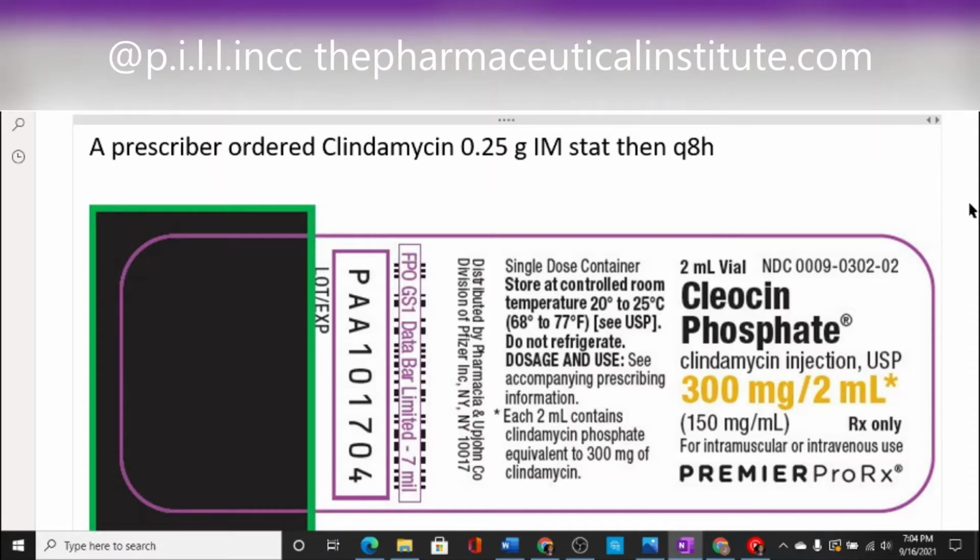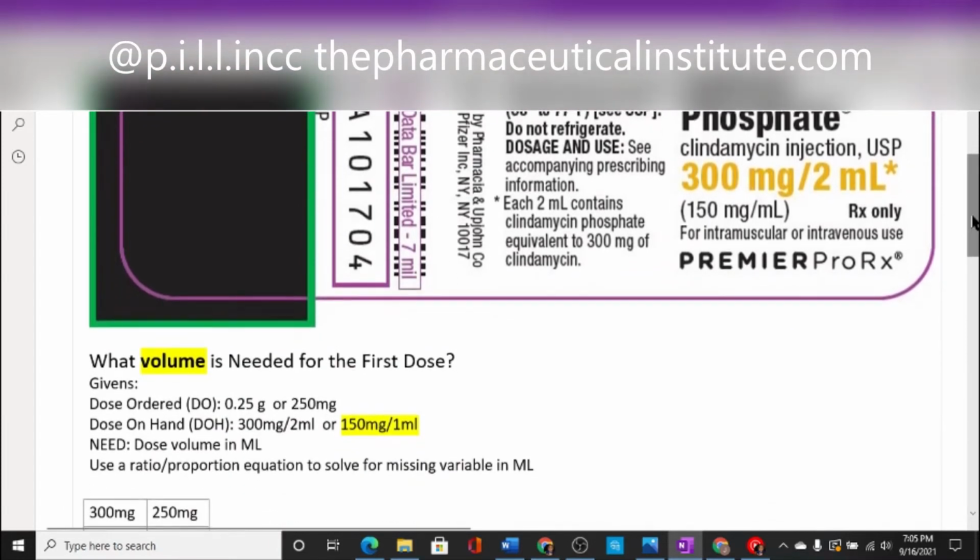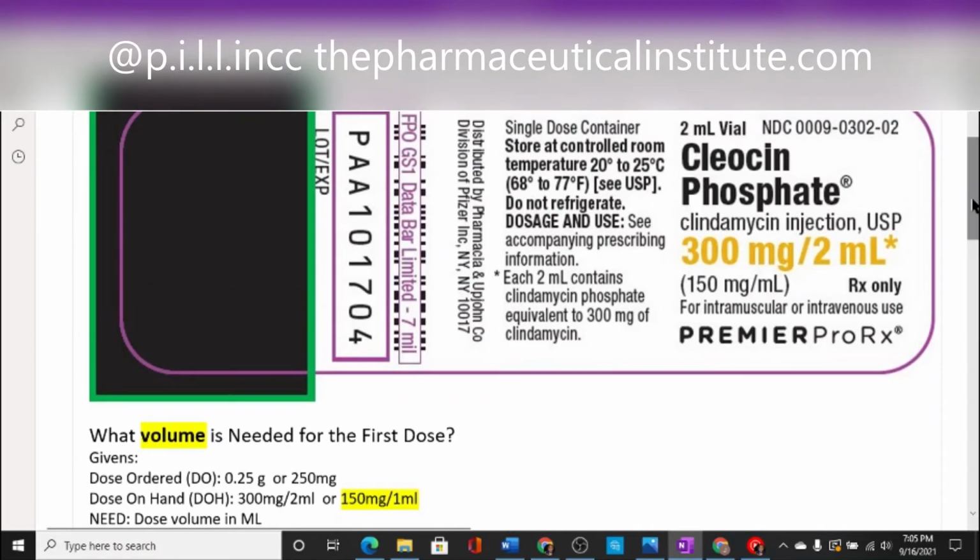Let's look at our question. This is what our question wrote. The doctor ordered 0.25 grams stat, but the dose on hand is in milligrams, 300 milligrams per 2 ml. That is our stock vial dose. The total dose in this stock vial is 2 milliliters, a 2 milliliter vial, and 300 milligrams total.